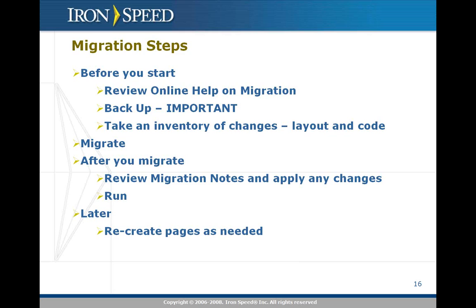If you've got an application in 4.0, my recommendation is you read all of the migration help related to version 5.0, 5.1, 5.2, and 6.0, 6.1, 6.2, and so on, so that you are aware of the changes that we have made. It's very important that you do that.